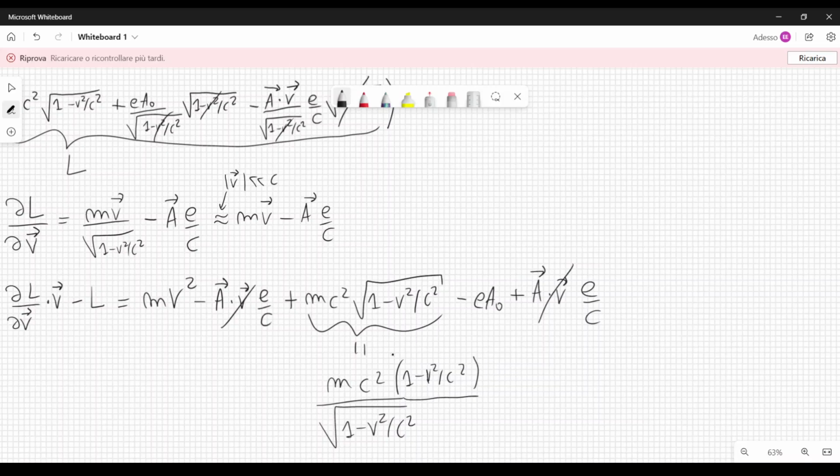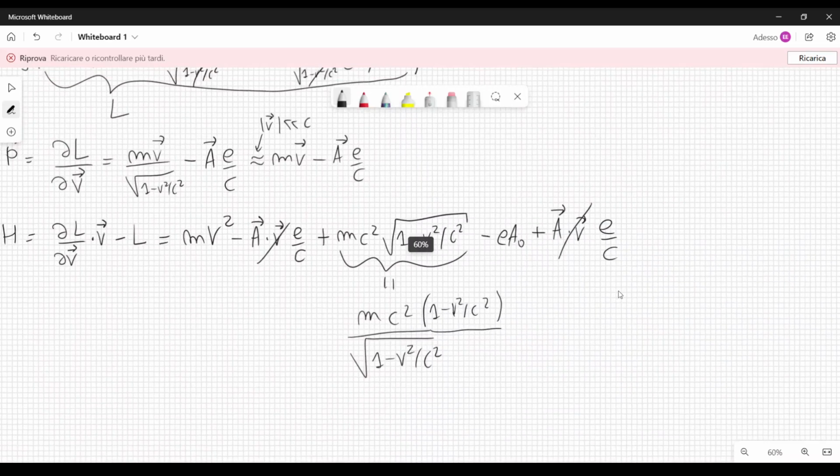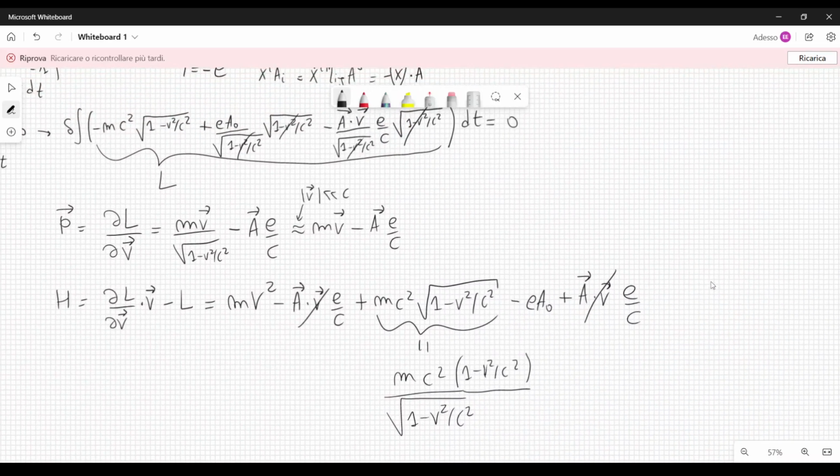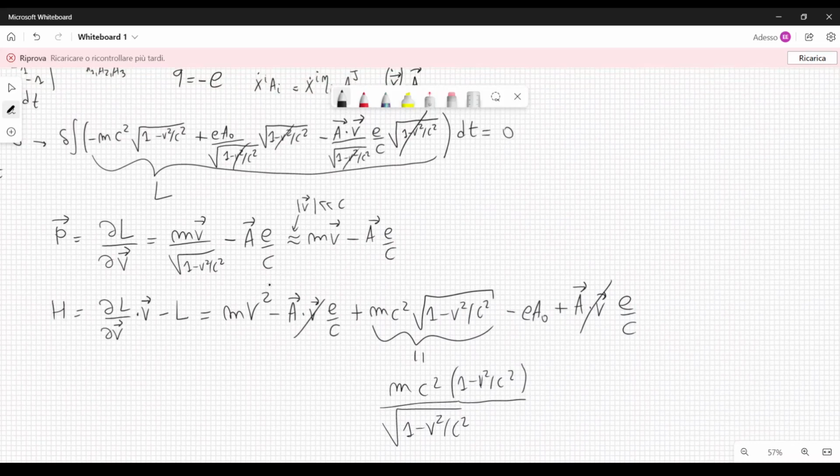And therefore, when you rewrite this part, which should actually be equal, so in the general case, this part here will be equal to this one. So let me rewrite it in the general case. I have to divide by the square root of 1 minus v squared over c squared. And therefore, this term will cancel this one, because when this one multiplies mc squared, I have minus mv squared.